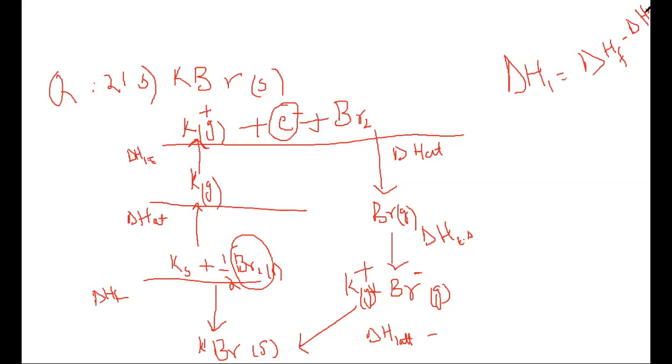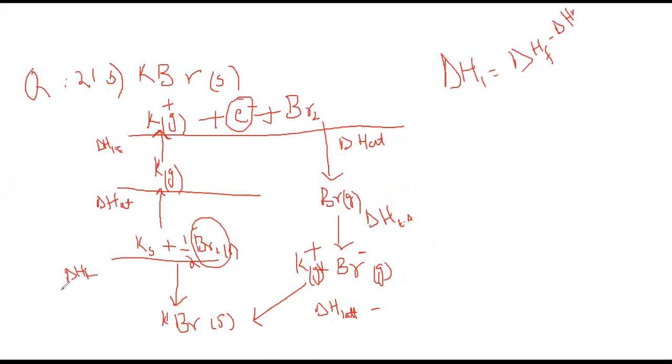Delta Hx is basically the total heat change when the normal elements convert into their gaseous atoms. All the heat changes for this conversion are represented as delta Hx.